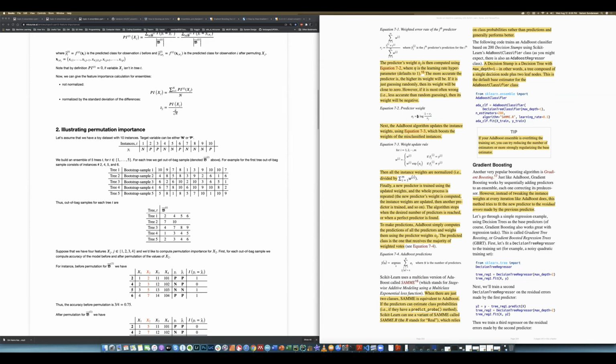So if I have a very high learning rate, but my predictor did very poorly, the weights that I get here are still going to be somewhat high, right? And then that is going to enforce that the next set of instances my next model is trained on will have inflated weights, which is what you want.